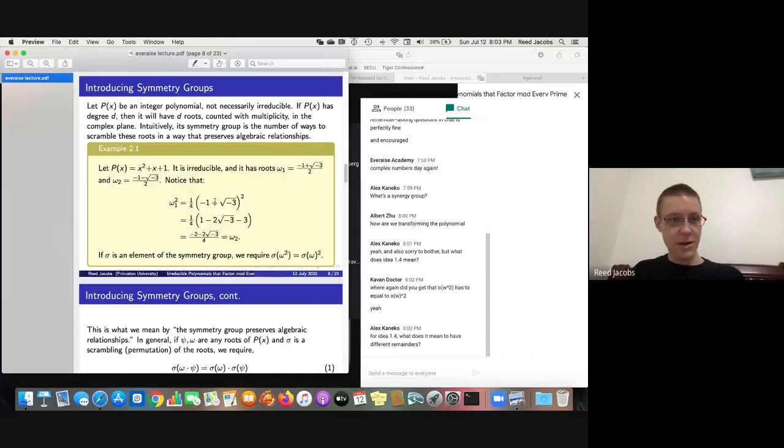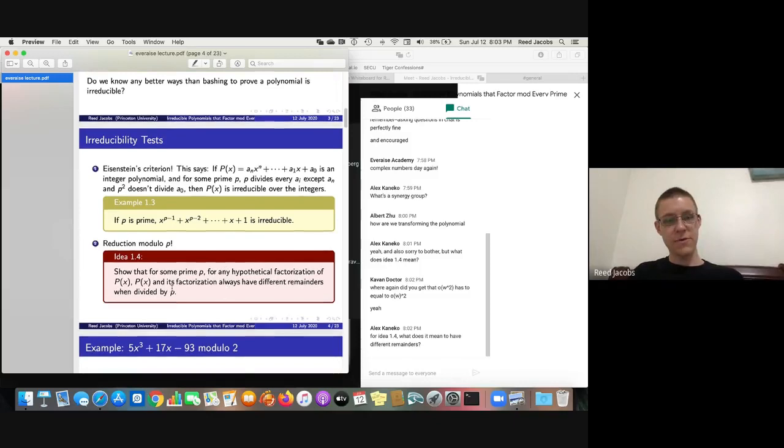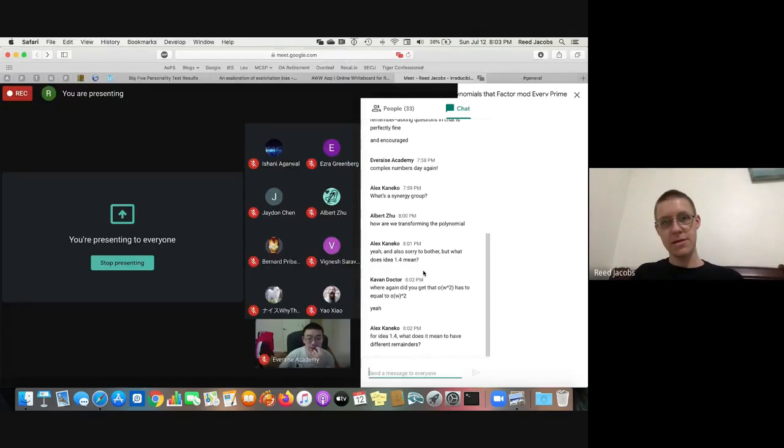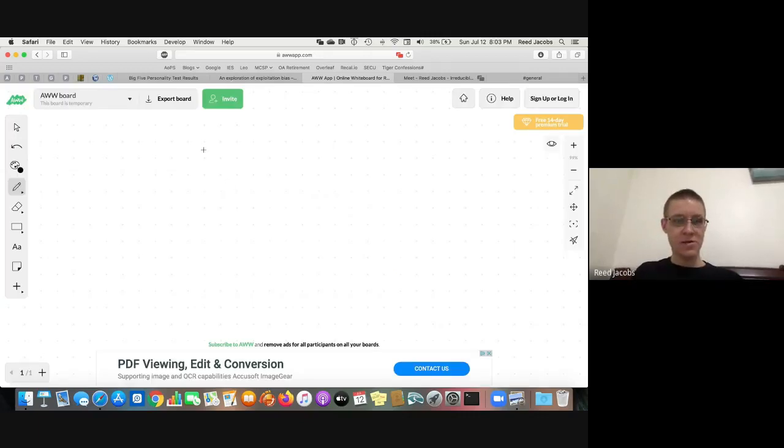So back to idea 1.4. Different remainders when divided by p. When you divide integers by something, you can divide them with remainder, and this means they have different remainders. For example, I could divide 15 by the prime 7. 15 is 14 plus 1, and 14 is a multiple of 7. It's 2 times 7. So 15 is 2 times 7 plus 1.